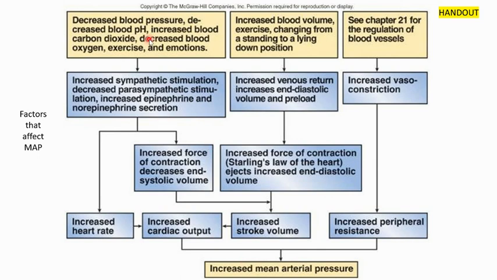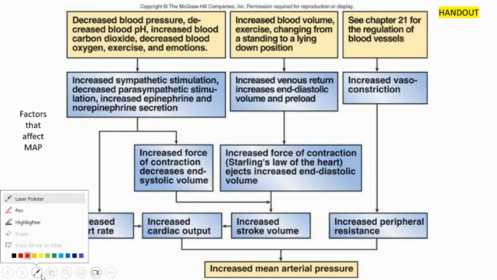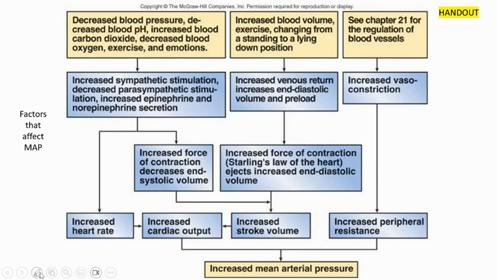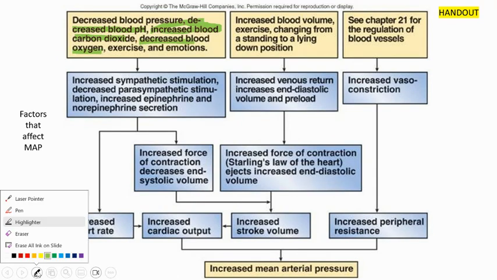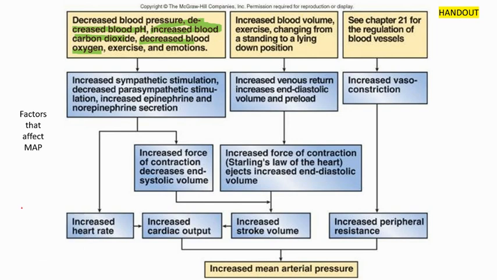Now, I want you to take a look at a few of these that are in this box right here. I want you to make a note of that. Decreased blood pH, increased blood carbon dioxide, and decreased blood oxygen. You need to know the relationship of these three, so don't just blow that off.